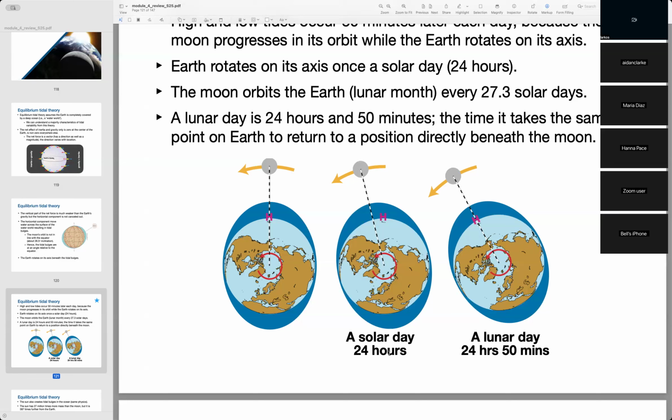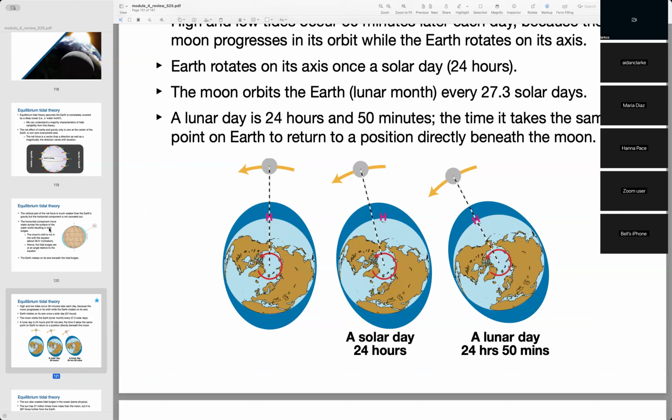And so these semidiurnal tides, two highs and two lows in the course of the day, don't have a period of 24 hours, but a period of 24 hours and 50 minutes, because in one day, the moon moves 1/27th of 360 degrees, which corresponds to 50 minutes. Right, so that's very important.